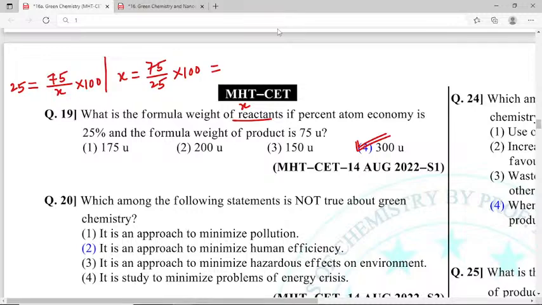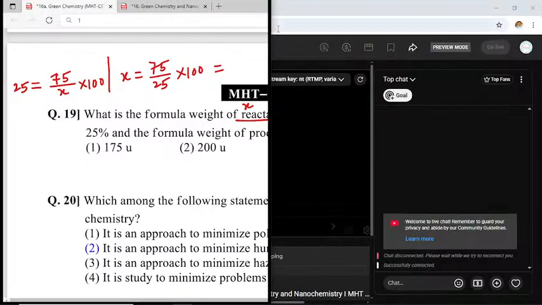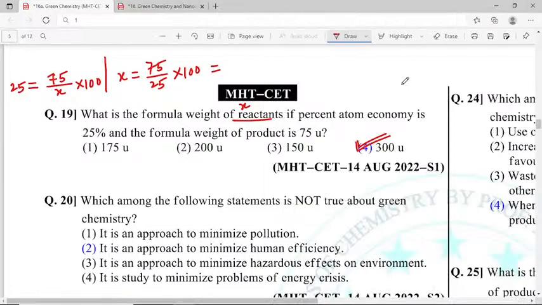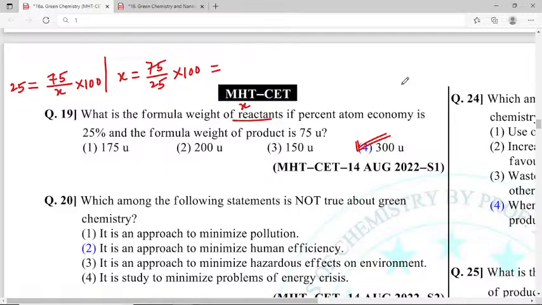Screen and sound both are clear. Okay. All clear.